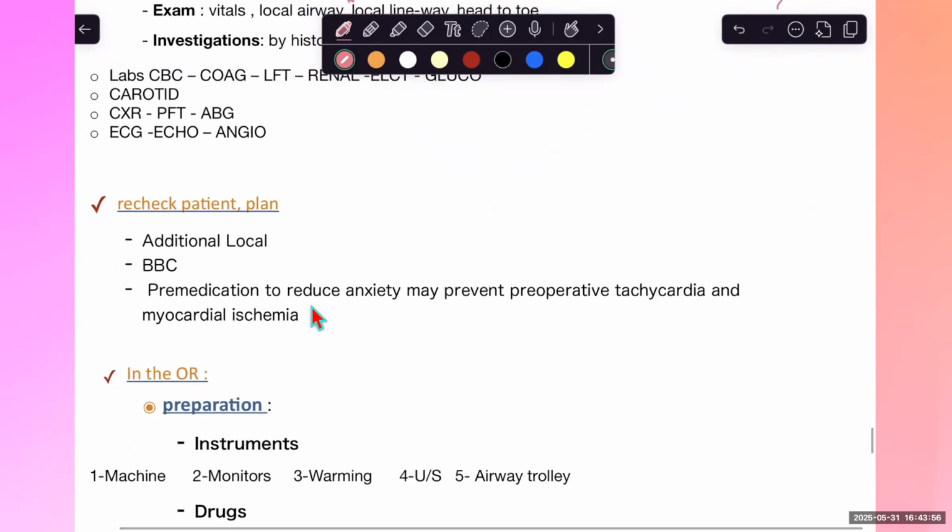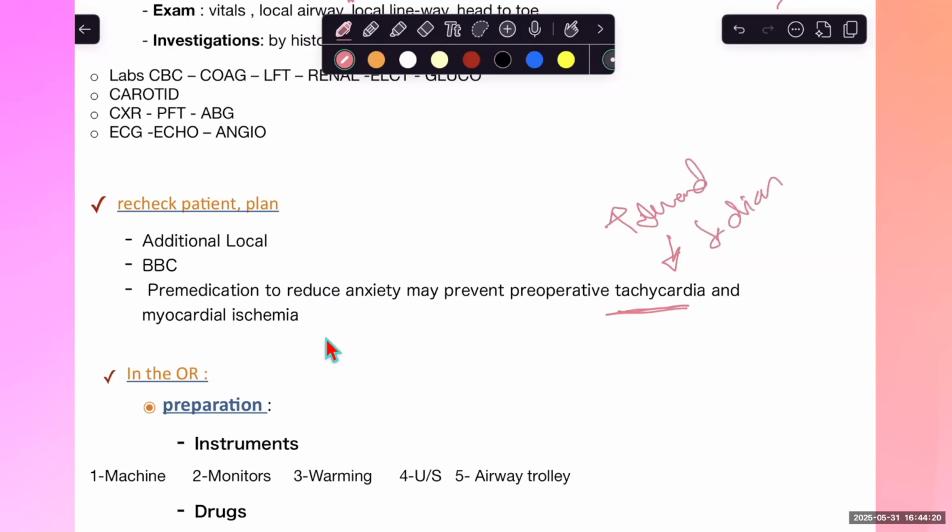And then premedication. Here it will help you to reduce the anxiety and reduce or prevent preoperative tachycardia and myocardial ischemia. If you remember last time when we spoke about revascularization in coronary artery disease, tachycardia is a huge problem because it will increase the demand and it will decrease the diastolic time.